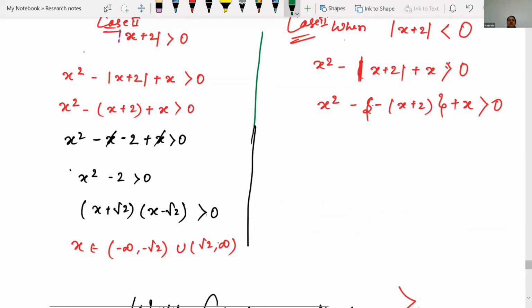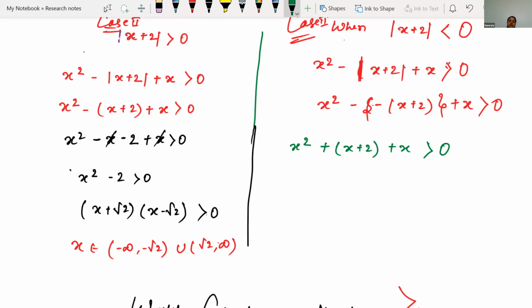Now, since we have one more case where we have written that when the modulus is less than 0, it will give the negative output, here we need to solve it again. That is x square plus 2x plus 2 is greater than 0, right?